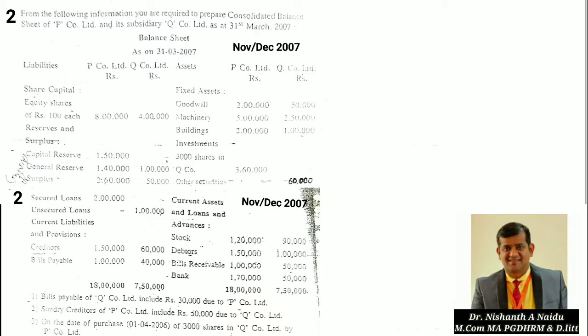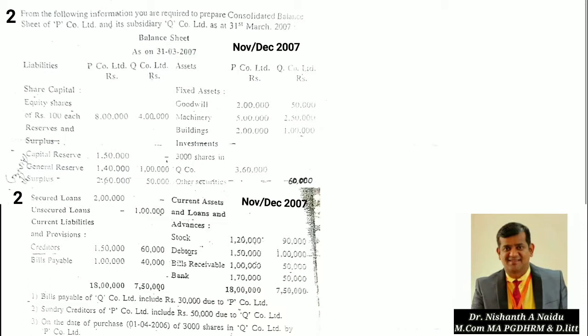So on the liability side, take down share capital. Under share capital, equity shares of rupees 100 each: P Company Limited 8 lakh rupees, Q Company Limited 4 lakh rupees. Then reserves and surplus.